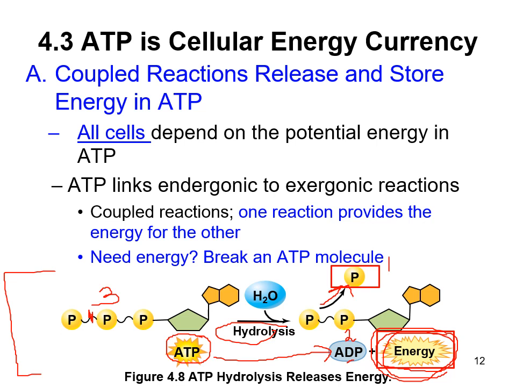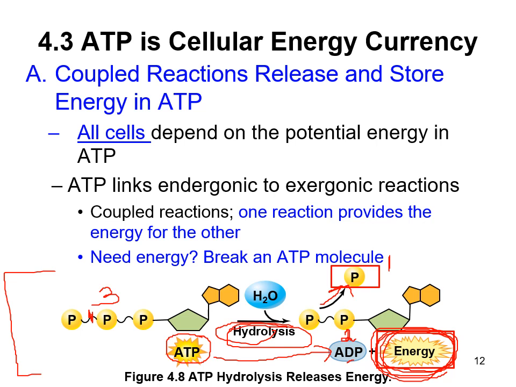All of the cells in our body depend on this consistent formation and breaking down of an ATP molecule. Please keep in mind that ATP is the charged molecule. It has energy, and when you need energy, your cell will ask for ATP and break it open. It will do hydrolysis on it. When it breaks it open, you will be left with a phosphate, ADP, and the energy that you are looking for.